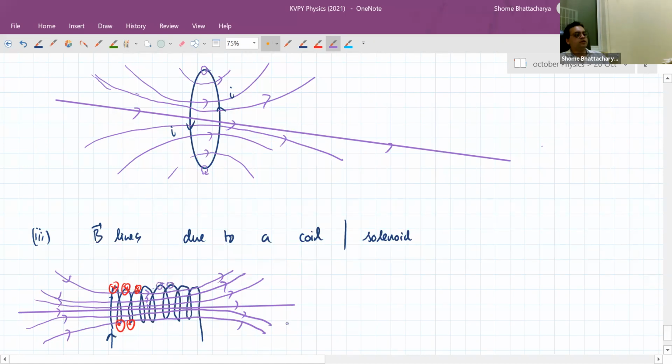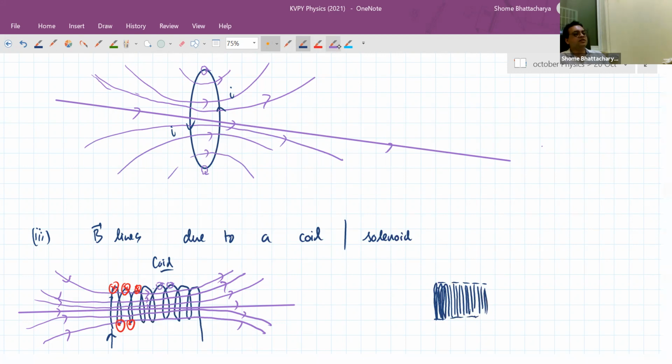That is also there. Now, this is a coil. If you wind this very, very densely, then the coil converts into a solenoid. In such a thing, the magnetic field inside becomes almost a uniform magnetic field.